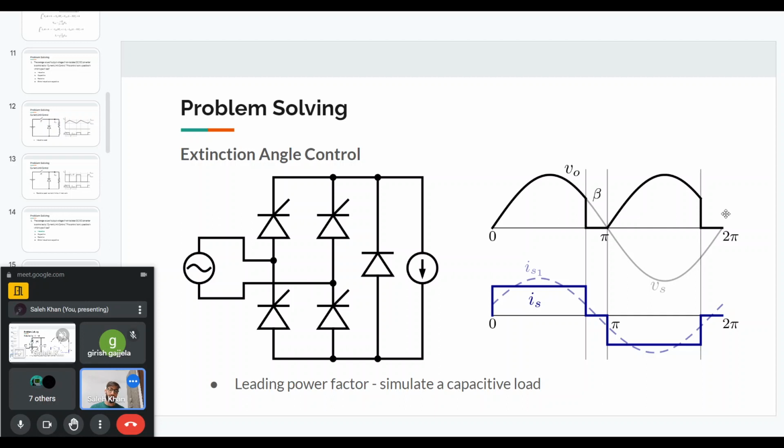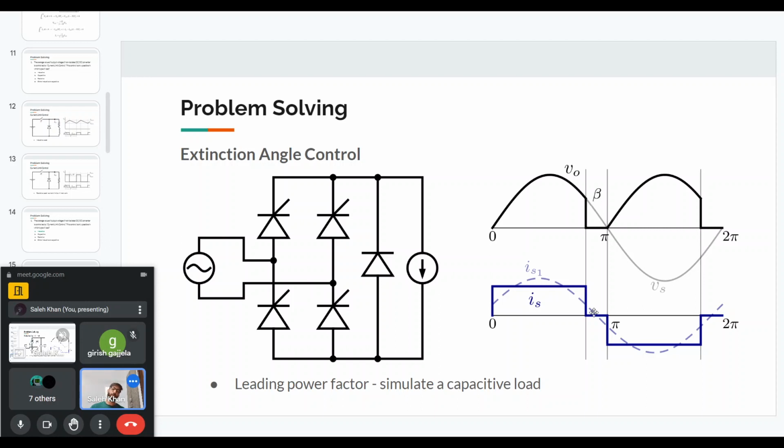Okay, and again this will continue for the next half cycle as well. So if you see, the source current in this case will have some lead angle. So instead of lagging, it will be leading by this angle beta by 2.